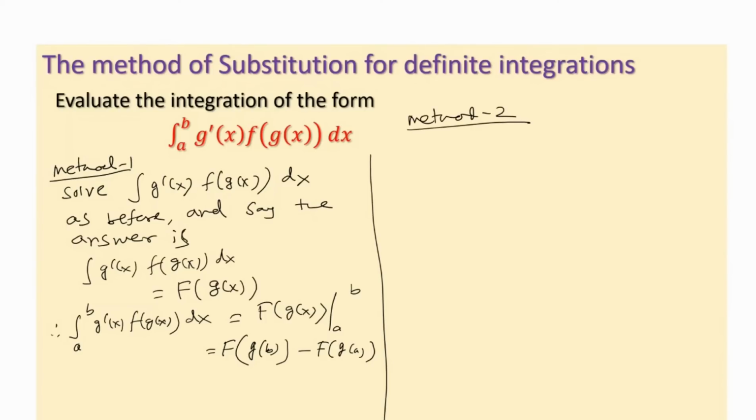Method 2: first substitute u is equal to g of x, then du is equal to g dash x dx, and here our limit is for x, so we'll change it. So when x is equal to a, this implies u is equal to g of a, the lower limit.